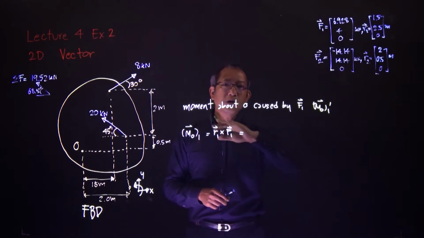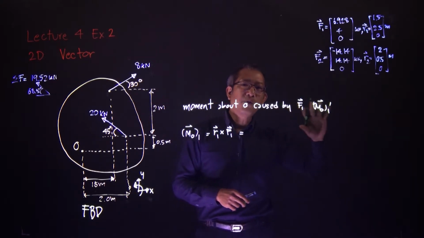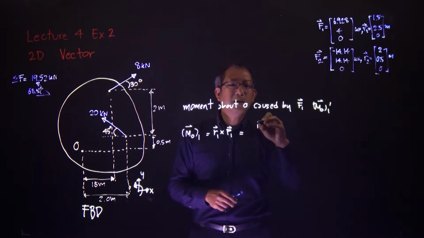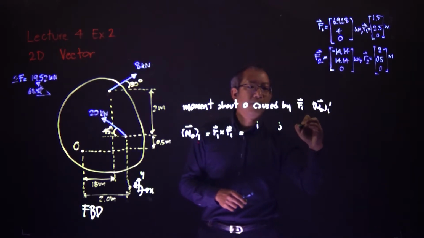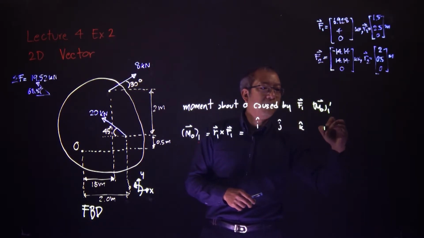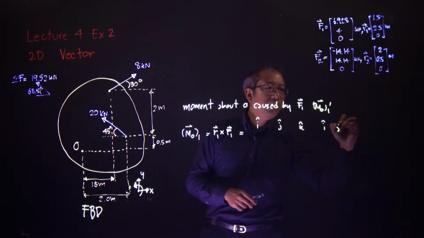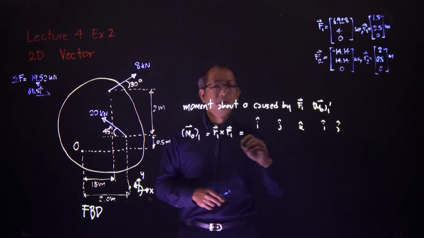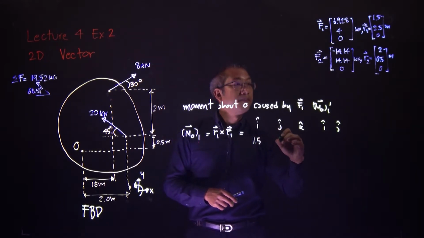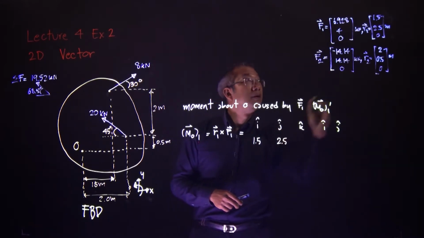Next one, the cross operation. There are quite a few ways to solve for the cross operation. You can use any method you like. I am more familiar with this one, so I shall use this one. I set up the matrix of i, j, k and then repeat i and j again. Start off with the distance 1.5, 2.5, right?